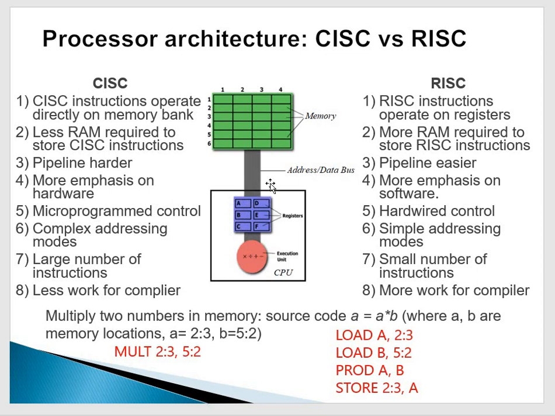So even if we have to manipulate the data of the external memory, before we perform the arithmetic operation, that data must be loaded from the external memory to the internal register to perform its arithmetical or logical operations.